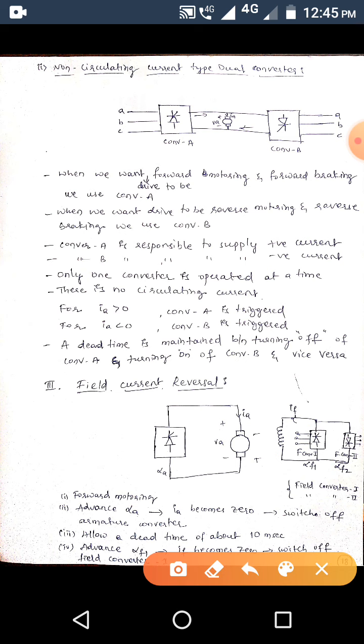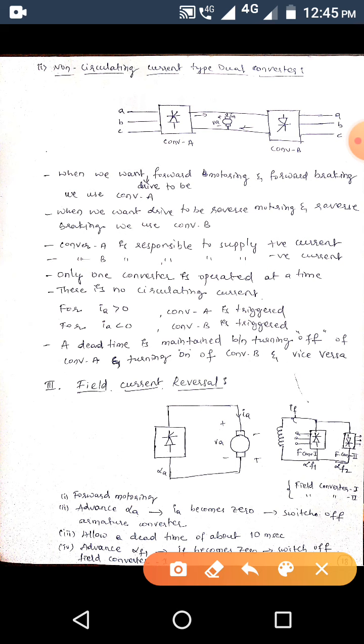If we want forward motoring, the field current should always be in the forward direction, that is, IF should be positive.